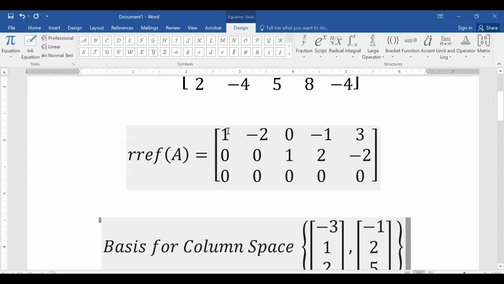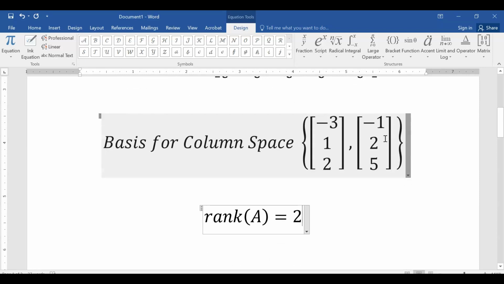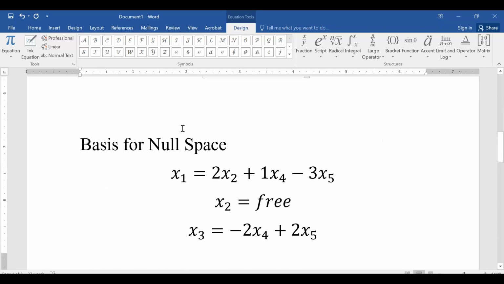What that would mean is x1 minus 2x2 minus 1x4 plus 3x5 would be equal to 0. x2 would be free. x3 plus 2x4 minus 2x5 would be equal to 0. And then x4 and x5 would be free. Let me write that.